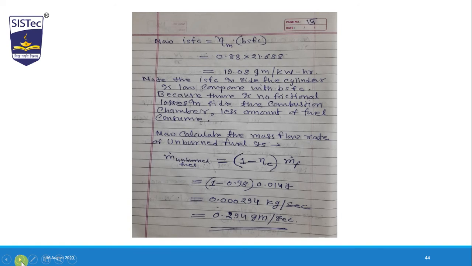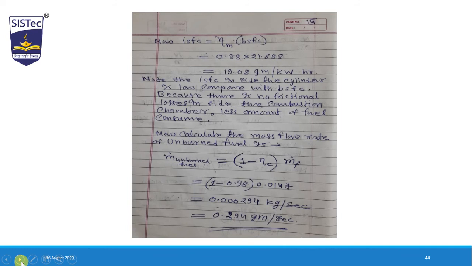The ISFC is used to calculate the indicated power. So at low ISFC, the indicated power delivers a larger value. There are no frictional losses inside the combustion chamber, because the ISFC and IHP are always calculated at the top of the piston, after the completion or near the end of the combustion.